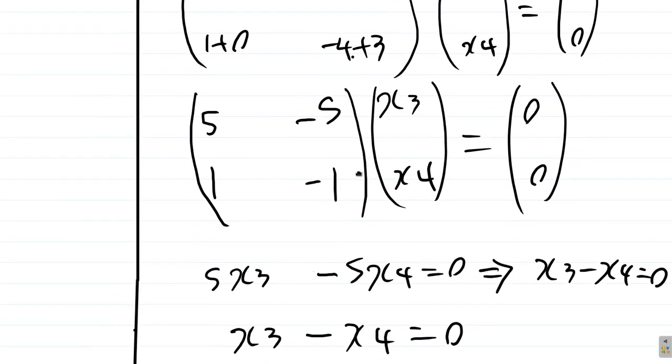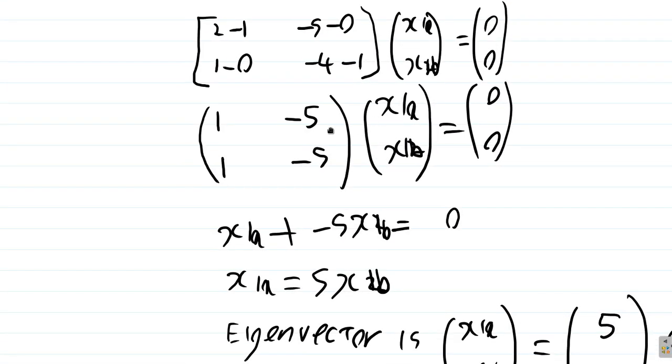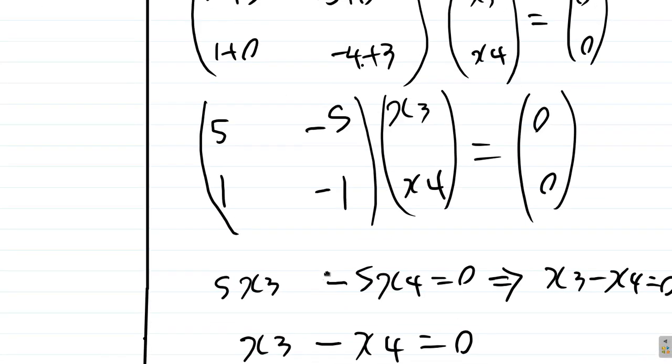Over here the two columns are the same. Well, not really the same. One of them is positive and one negative. But you should have the same numbers lined up: 5, 1 and 5, 1. And here you have 1, 1 and negative 5, negative 5 lined up.